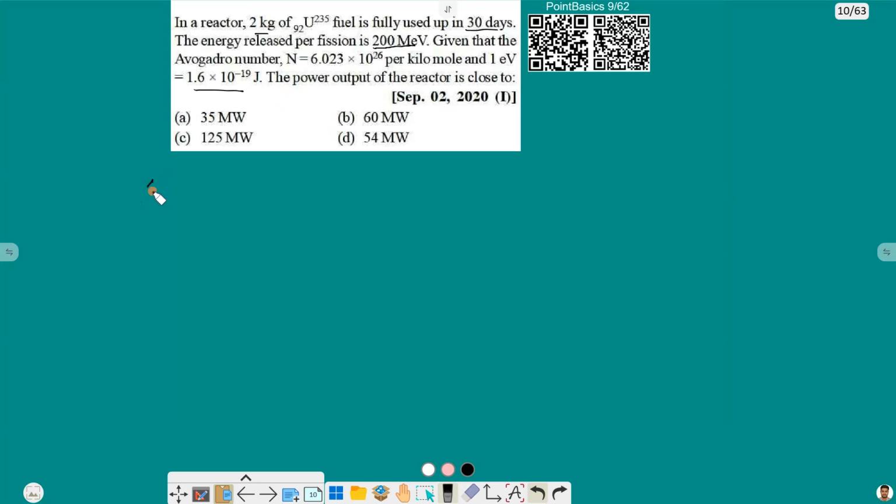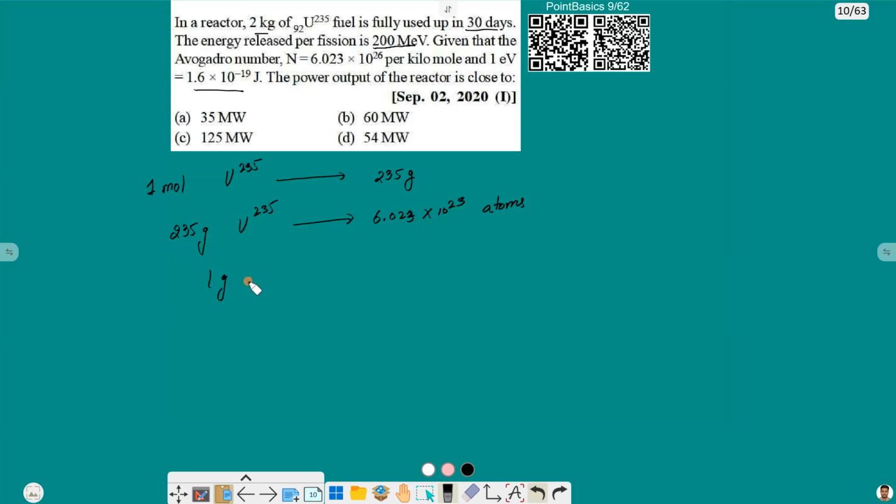We know that 1 mole of uranium-235 is basically equal to 235 grams. So in 235 grams of uranium-235, we have 6.023 into 10 raised to power 23 atoms. That is 1 mole, 235 grams of uranium-235, which has this number of atoms.